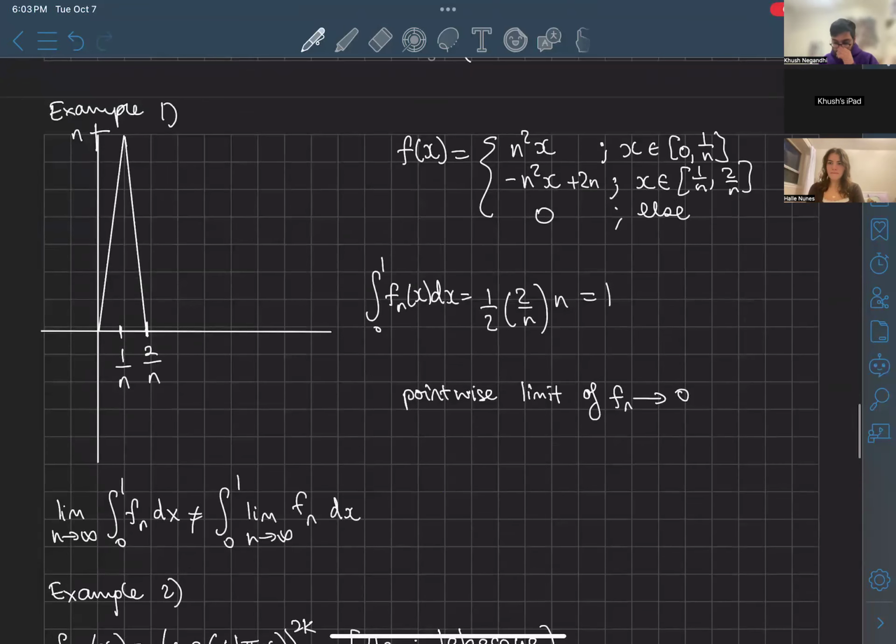So in example one, we saw a limit of functions that pointwise converges to an integrable function, but the limit of the integral is not the integral of the limit. We'll see that the integral that we form will also not be able to solve this issue. The reason it won't be able to solve this issue is because the function is not bounded.